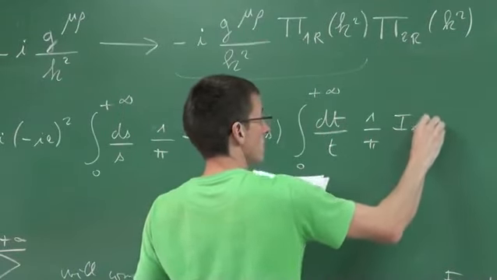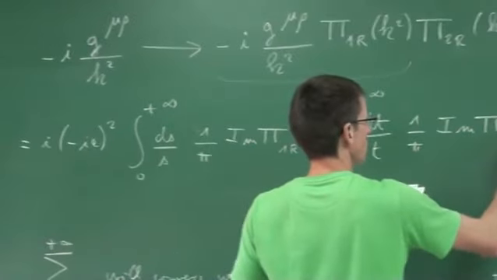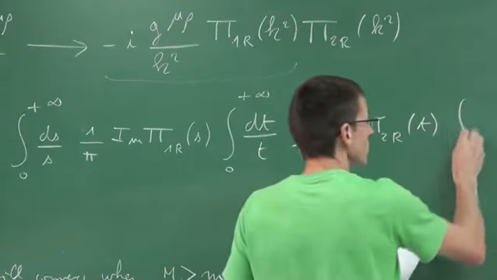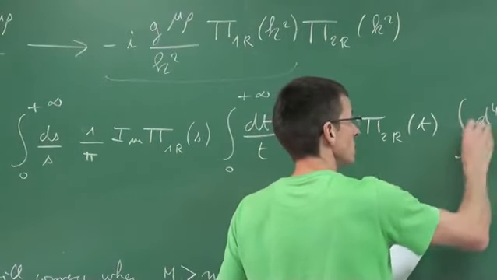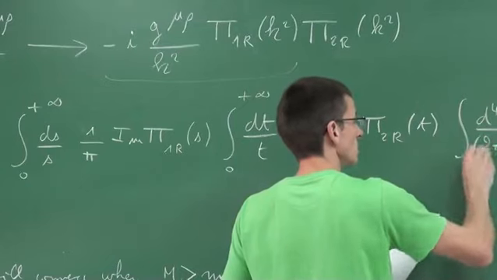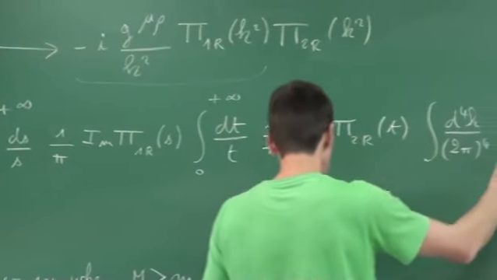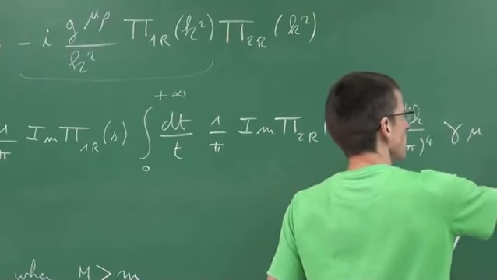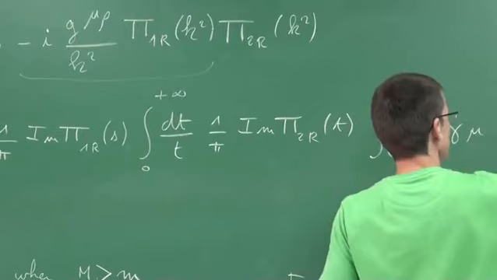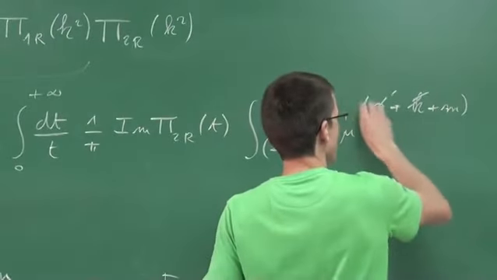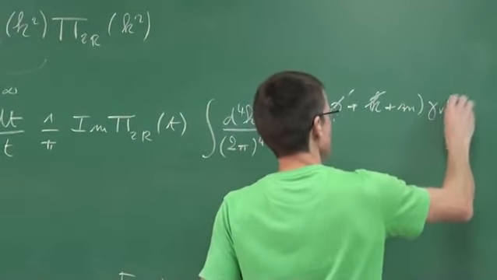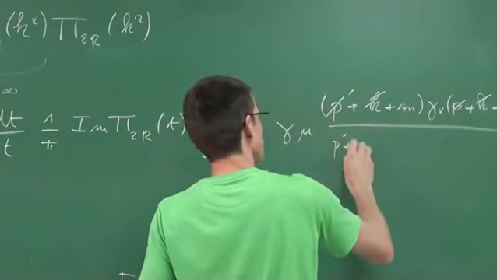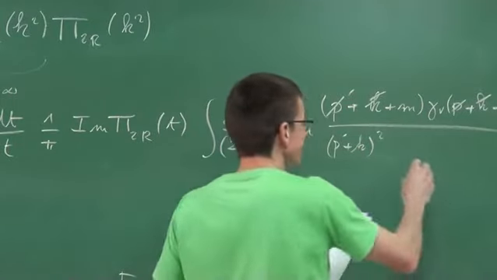by t. And now you have the integral over k divided by 2 pi to the power k, the usual thing. We integrate by parts at the end.